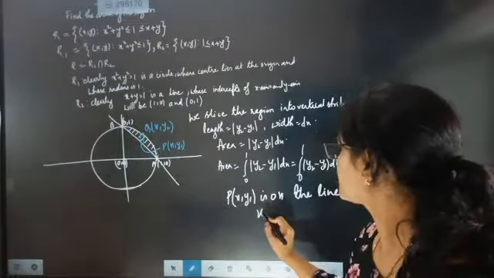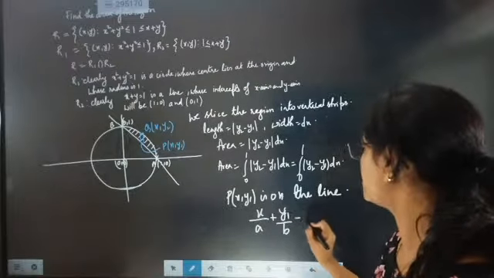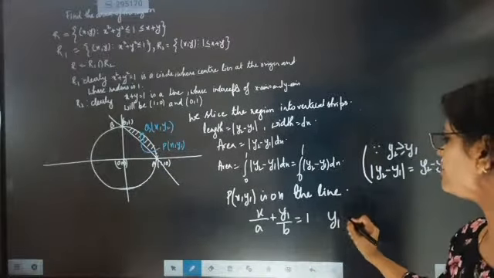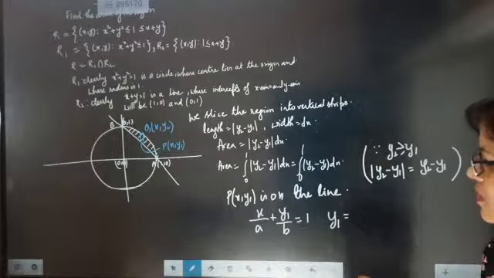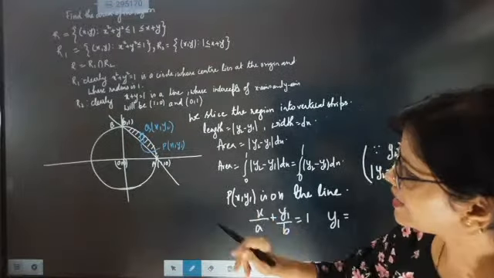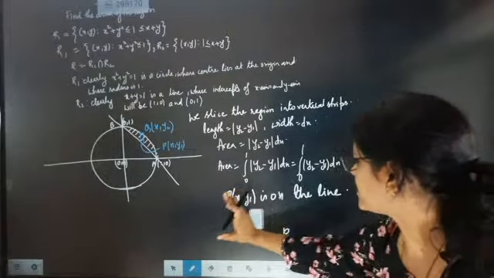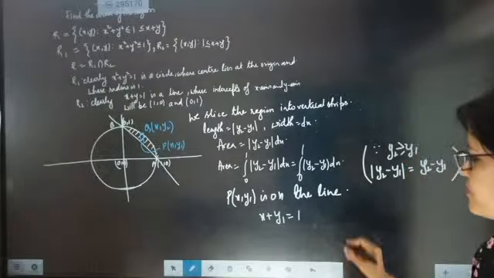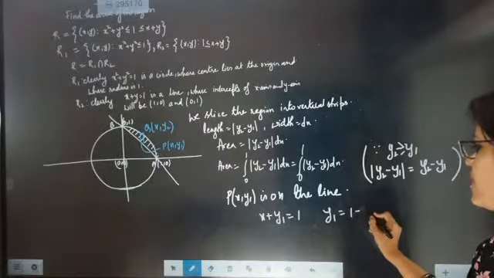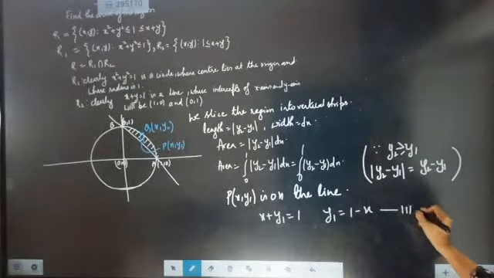So now x by a plus y1 by b equals 1. Here the line equation has a and b as 1, so we directly write x plus y1 equals 1. So y1 will be equal to 1 minus x. So we got y1, we are going to write it as third.